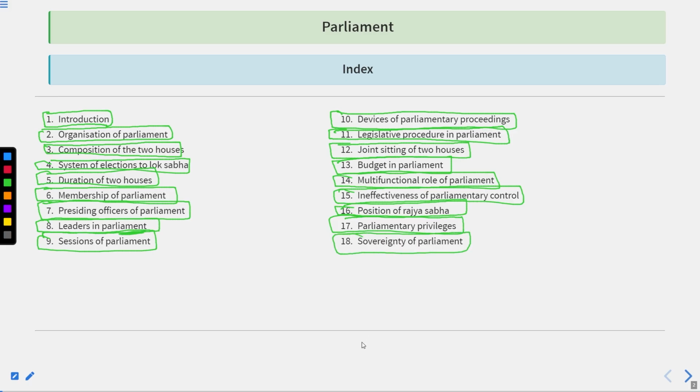Okay. So these are the topics we had scheduled for discussion.